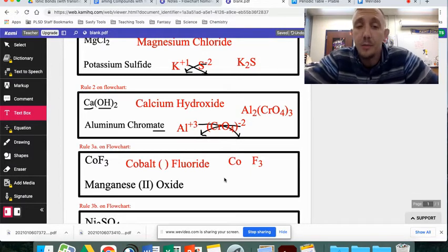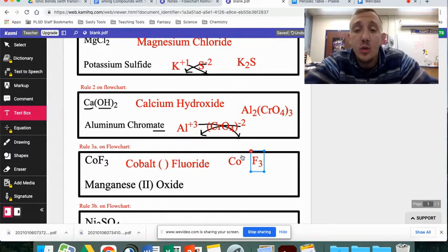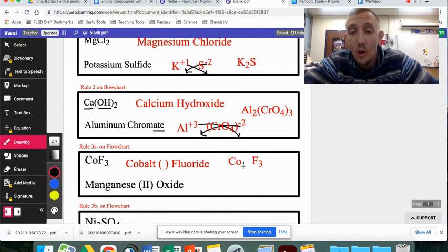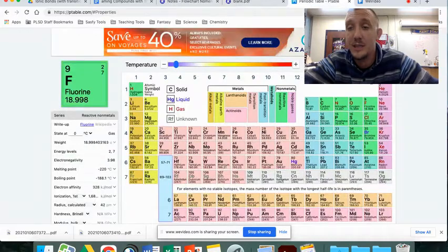Now, you have to know the charges of this. Right now I technically only have 1 cobalt, and I have 3 fluorines. The problem is I know what the charge of fluorine is. If I look at my periodic table, fluorine's in group 7, so it's a -1.